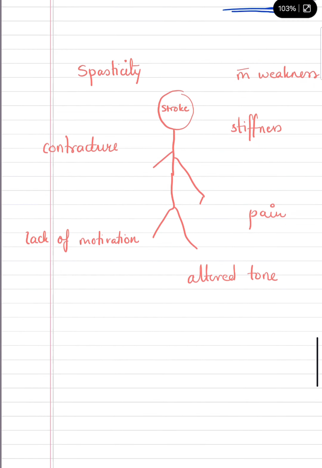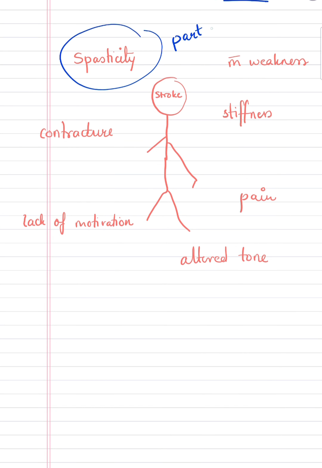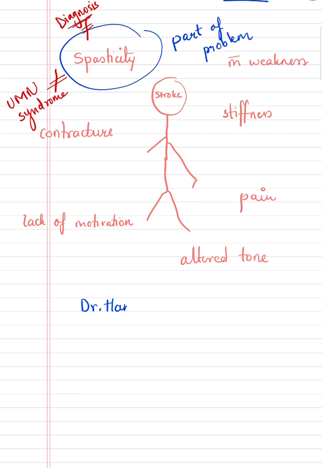So, always remember that spasticity may be part of the problem, but if you make spasticity the entire diagnosis, you may end up treating the examination assessment rather than the patient at hand. So please always remember, upper motor neuron syndrome is not equal to spasticity.